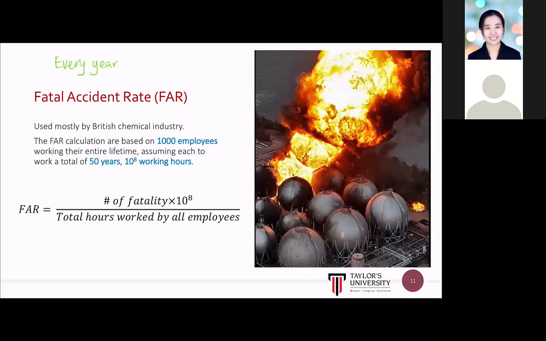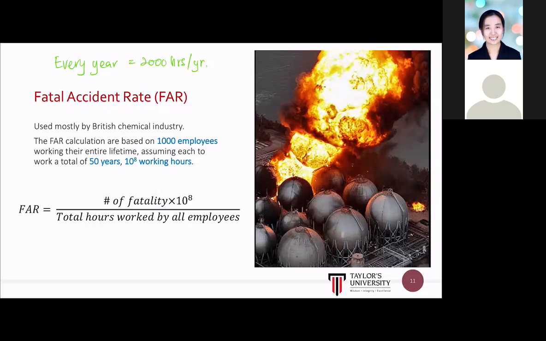And every year is still 2,000 hours per year, from the previous calculation, 40 hours per week, 50 weeks per year. So work for 50 years with 1,000 employees.